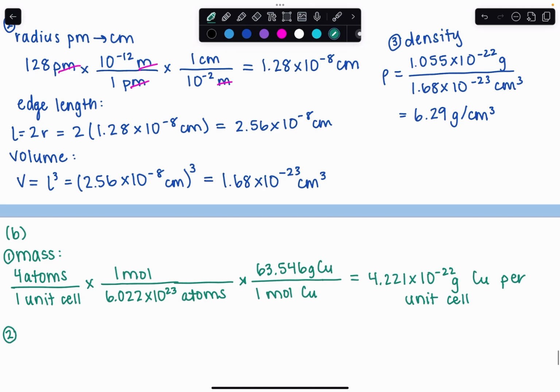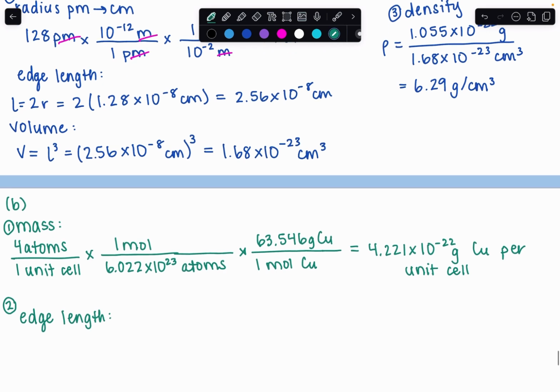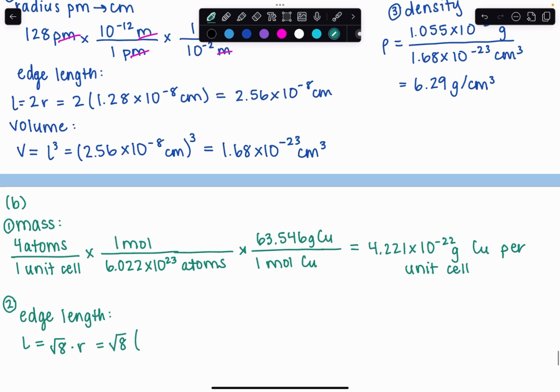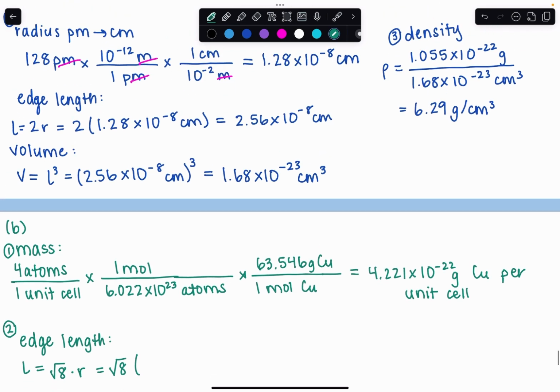Now we've already converted radius in picometers to centimeters, so we can just go ahead with edge length. For a face-centered cubic cell, the edge length is square root of 8 times r. So this is square root of 8 times 1.28 times 10 to the negative 8 centimeters.